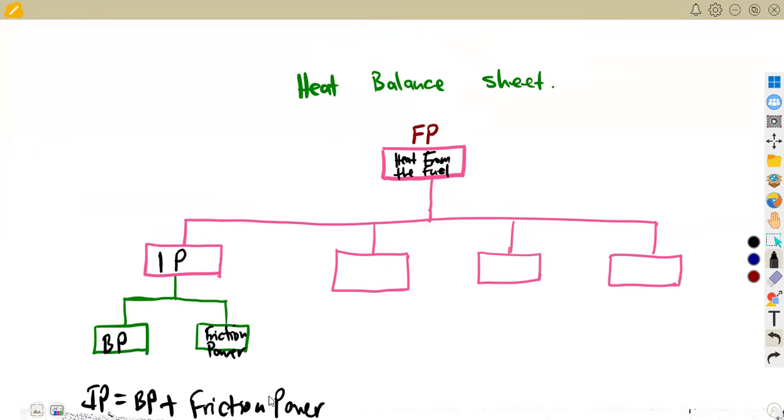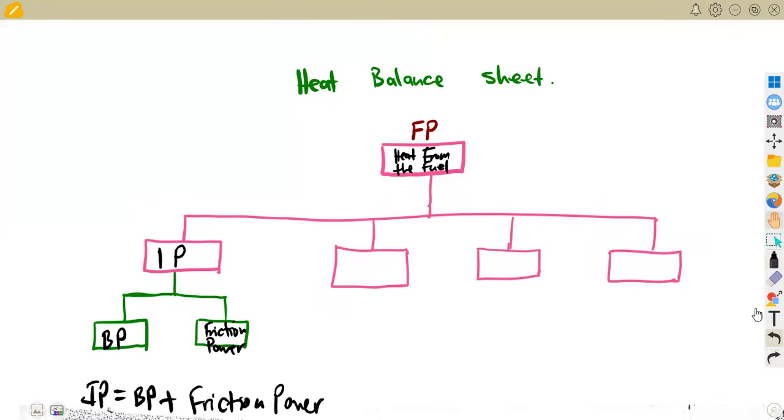Since we have formulas that can be used to calculate the indicated power, you see that in most cases you are the one who is to calculate the indicated power. We have good formulas to calculate the brake power. You are the one who is to calculate that brake power because there are formulas there. But you do not have a direct formula for the friction power. So it means we can manipulate from this.